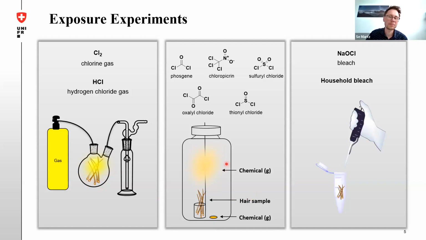And for the liquid exposure experiments, we wanted to make sure that there is no contact between the hair sample and the liquid chemical. That's why we used a glass vessel, and so the exposure was only via the gas phase. So there was no contact between the hair sample and the liquid chemical.